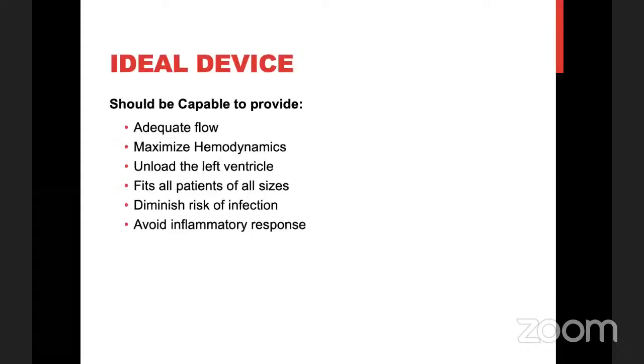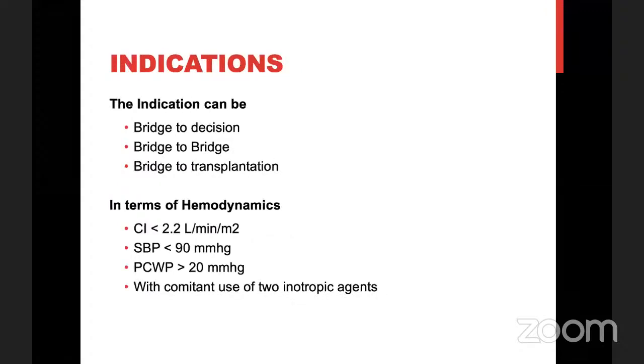So we're going now to the direct circulatory support part. Ideal devices should be capable of providing adequate flow, maximizing the hemodynamics, unloading the left ventricle, fitting patients of all sizes, diminishing the risk of infection, and avoiding the inflammatory response. Indications can be bridge to decision, bridge to recovery, or bridge to transplantation.